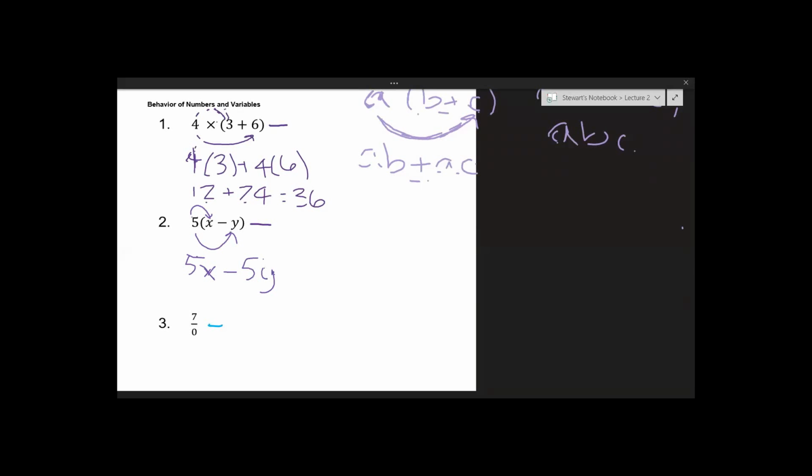Now, before we get to the next two, a second way to think about this problem is to consider it an order of operations problem, since you're dealing with concrete numbers and you don't have variables. So say we had this 4 times 3 plus 6.